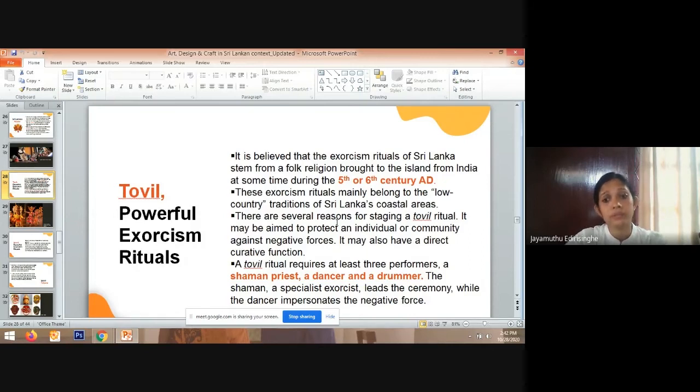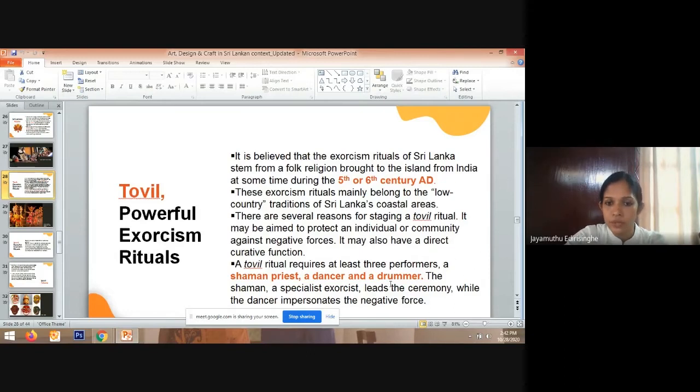We do these in order to protect people, sometimes individuals or an entire community, from these negative forces. These mask traditions mainly have a healing or curative function.